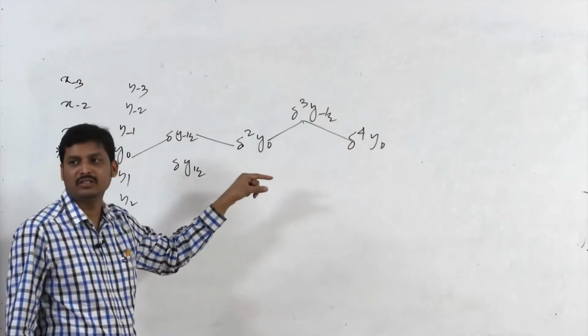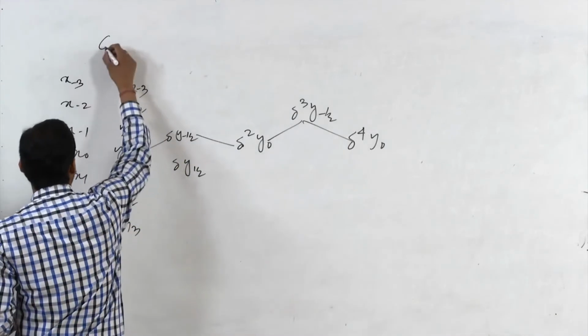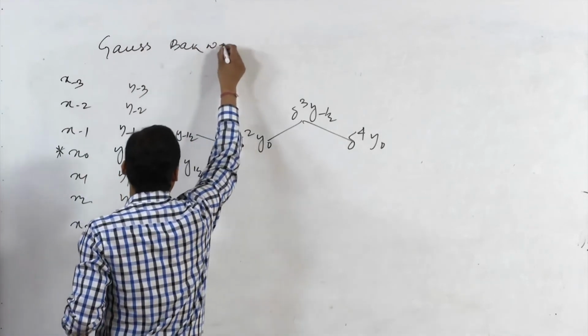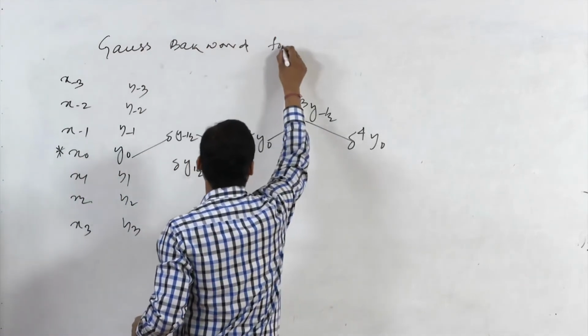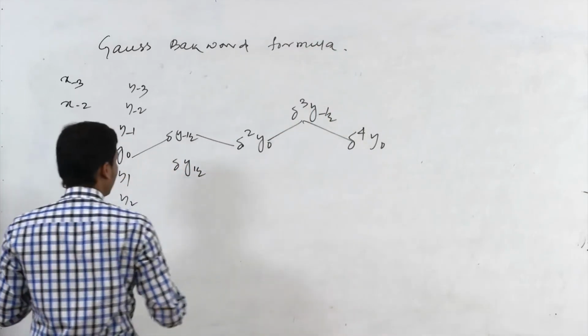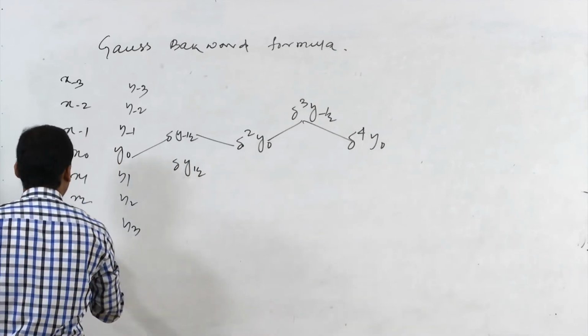Likewise we can go on. So, this is for the Gauss backward formula. If we go for the forward formula, we can write the Gauss forward formula as follows.